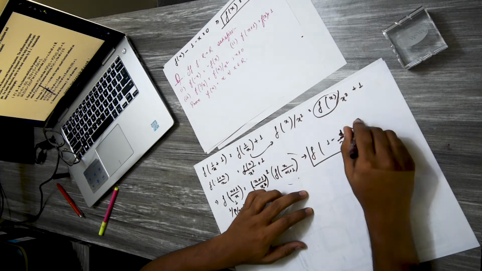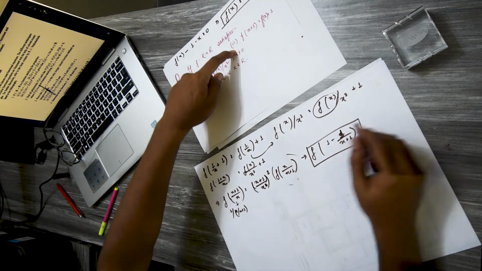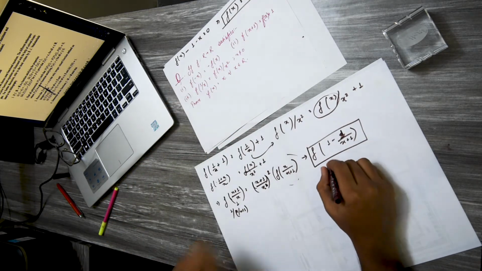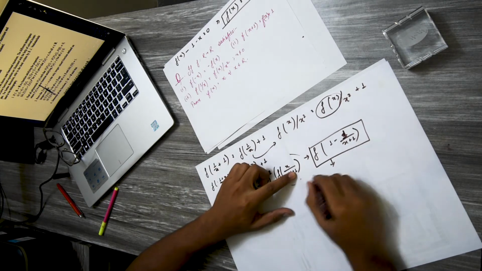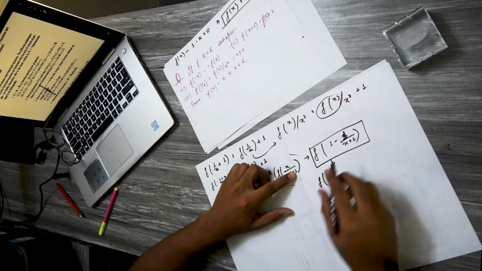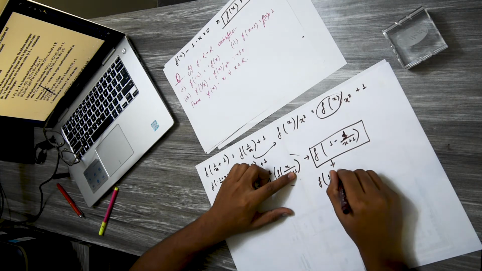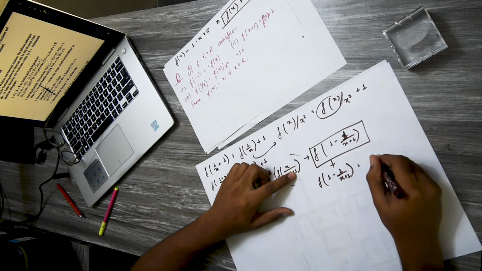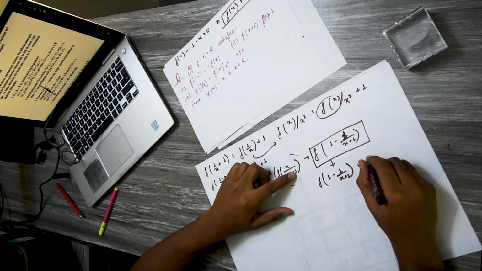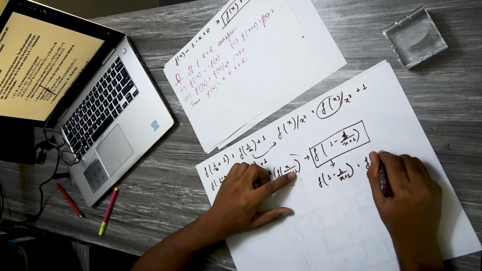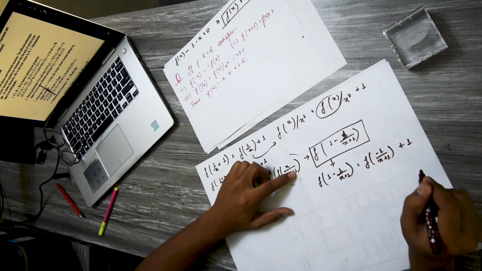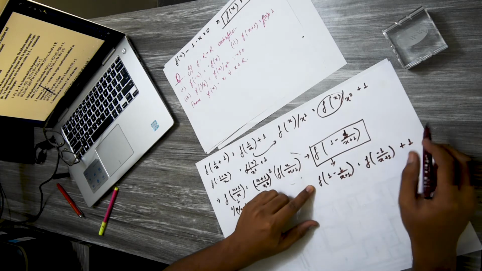Now we can use the second identity here to simplify it to f of 1 minus 1 by x plus 1, which is equal to f of minus 1 by x plus 1, plus 1, right?